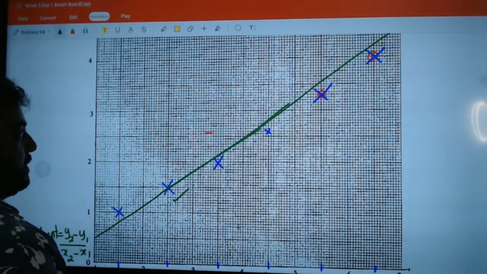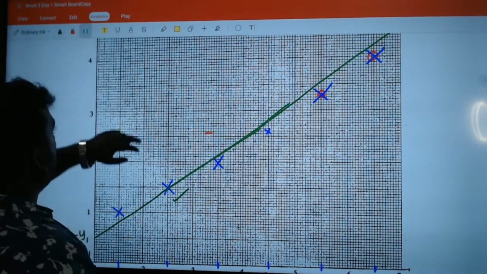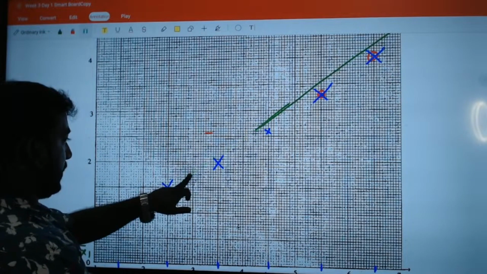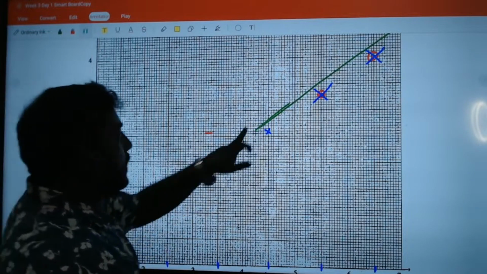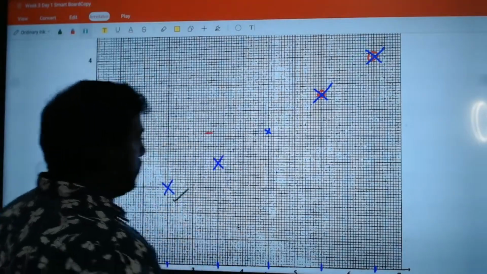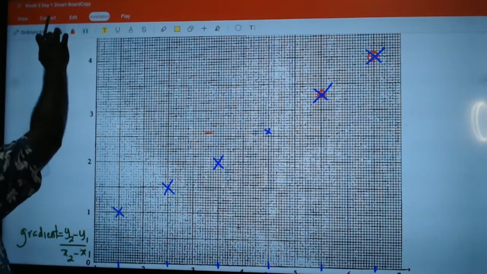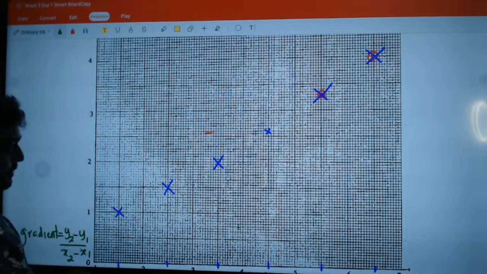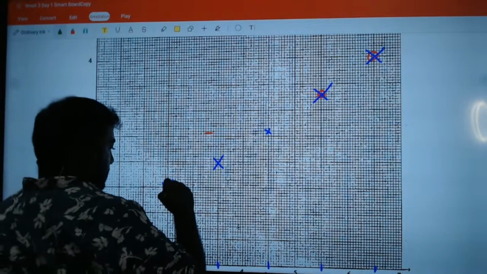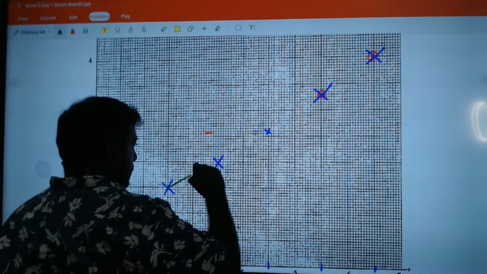Maybe this line is even slanted, we don't know. But looking at it, it's not best fit. It should be distributing above and below correctly. Above and below correctly. Slant the line more.